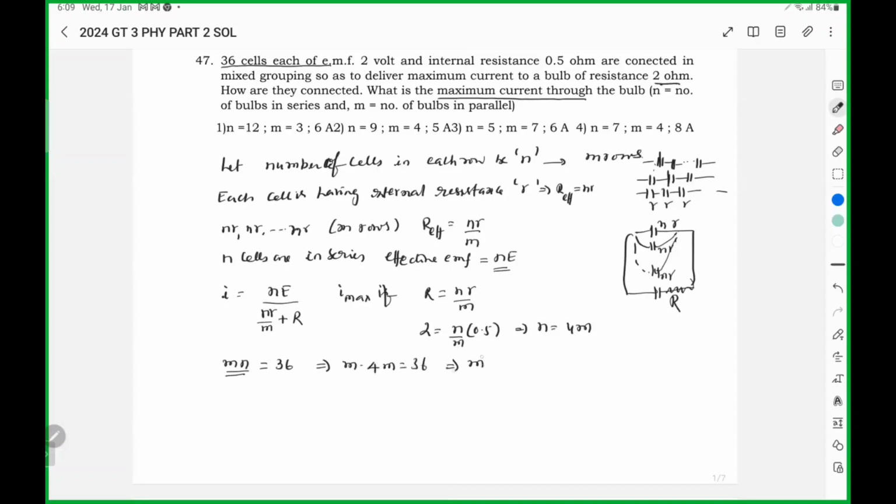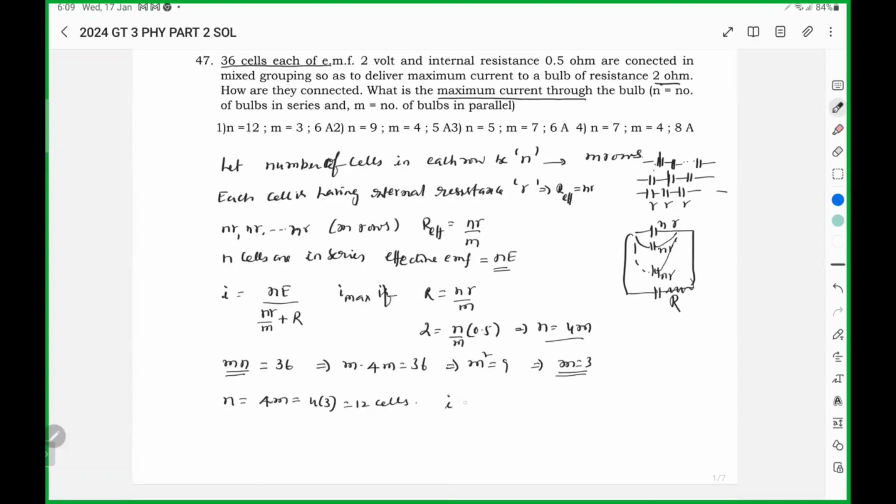So m square is 9, m is 3, that means 3 rows are there. So n obviously becomes 4m. In one row, there are 12 cells.